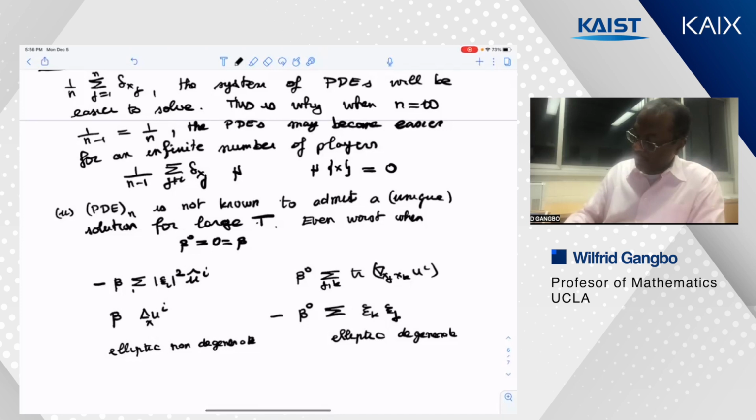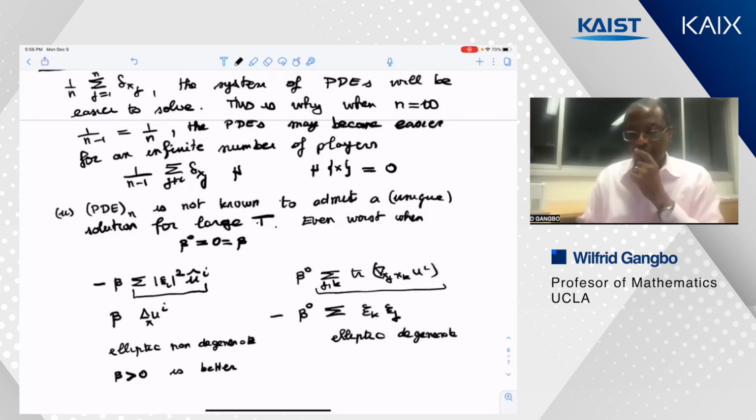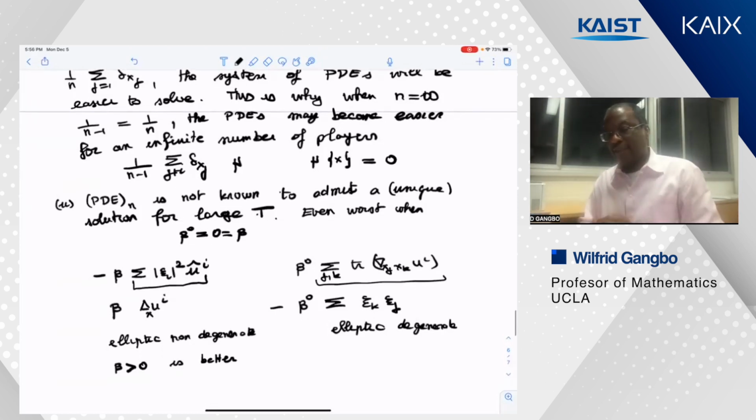So if I look at just this and that, beta strictly greater than 0 is better for the game with n players, but more importantly for the game with infinitely many players.